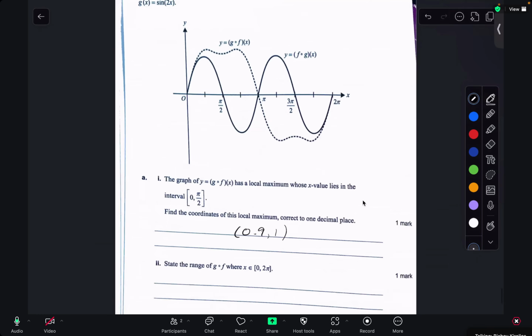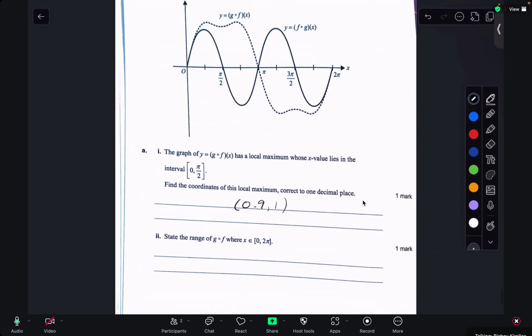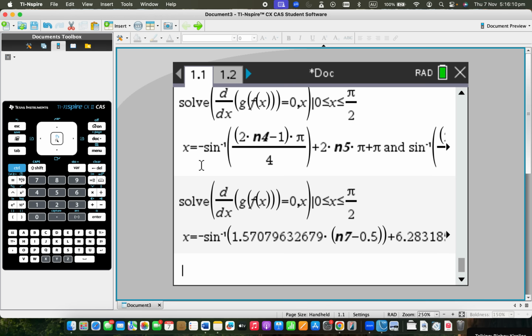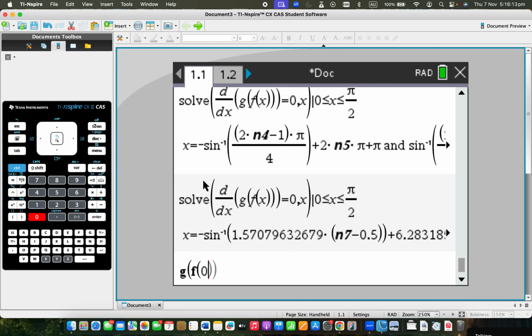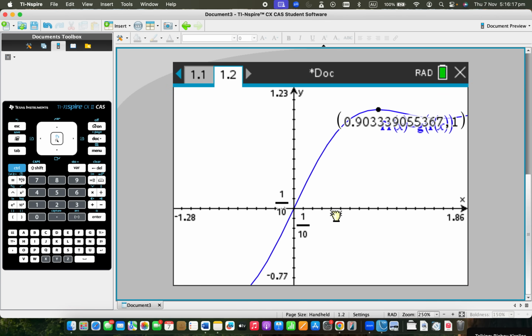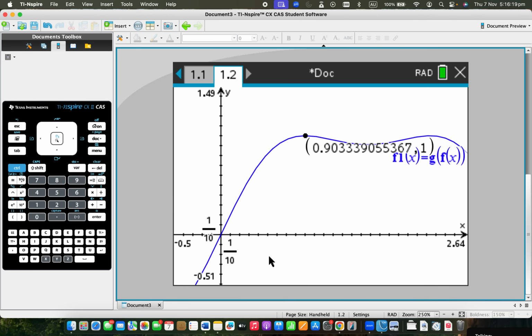State the range of g of f where x is an element of 0 to 2 pi. So g of f of 0 is what? That's 0. I should just sketch it from 0 to 2 pi.